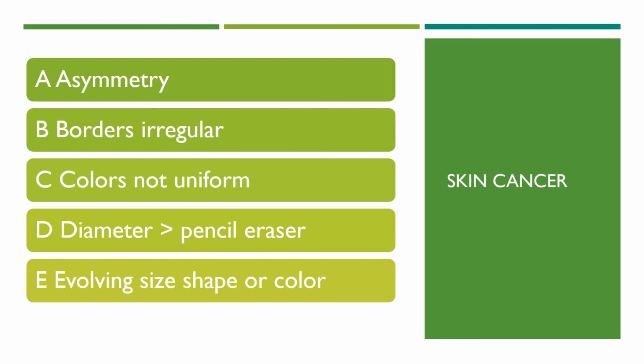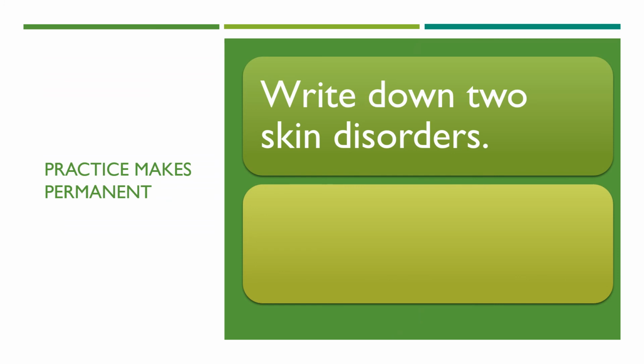And the last one, E, is evolving, that it's changing. We mentioned that with the melanoma, over time you see it changing shape, changing color, changing size. So those are the ABCDEs to look out for with skin cancer.